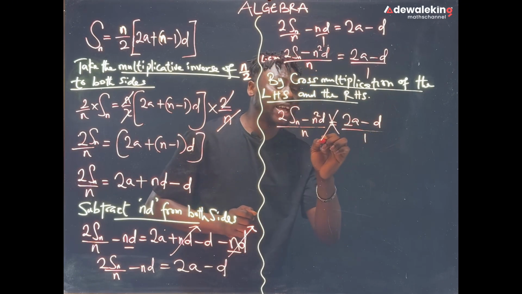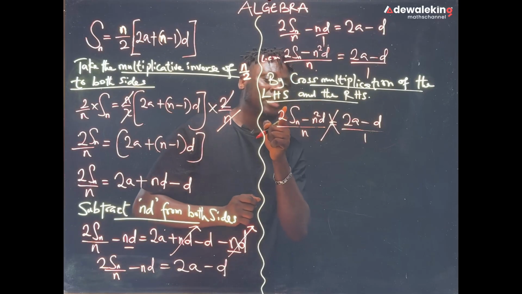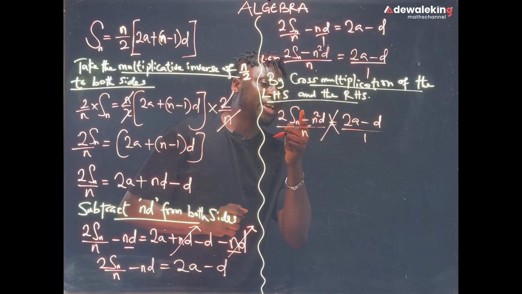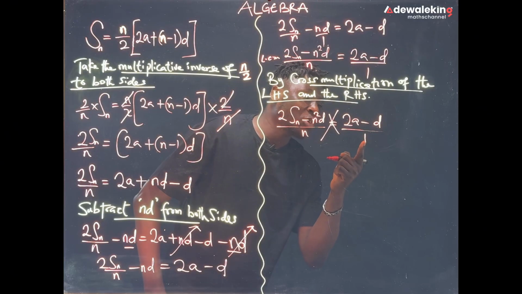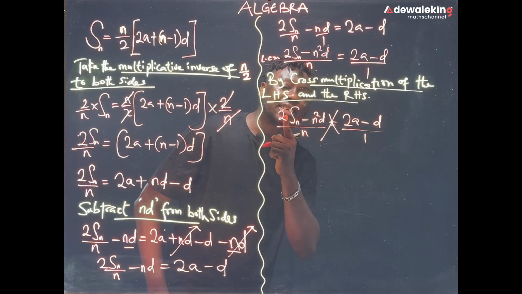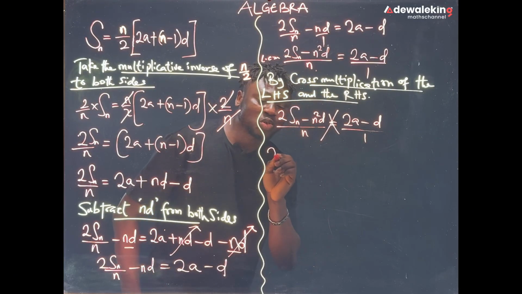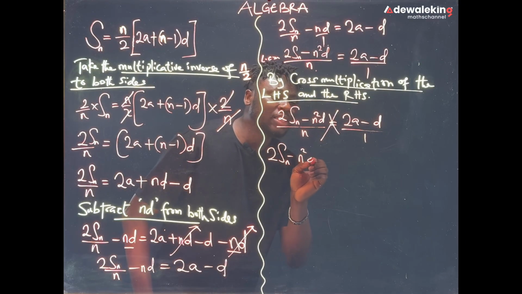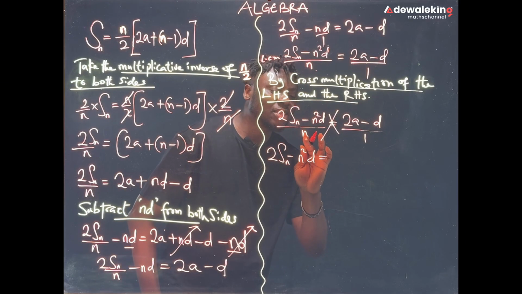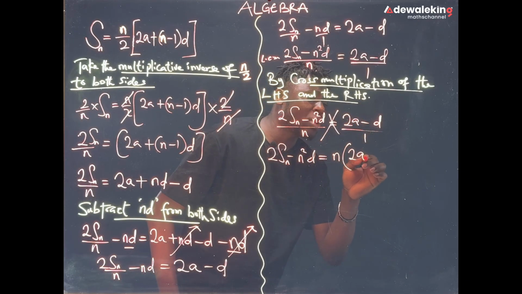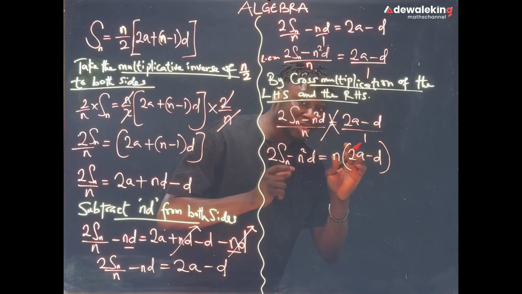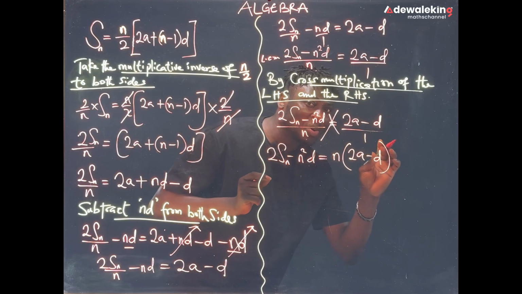So you cross multiply this way so that this numerator at the left hand side multiplies the denominator at the right hand side, and this times this will give us 2S subscript n minus n squared d, which is equal to this multiplied by this, n bracket 2a minus d. So this is a new equation we have.